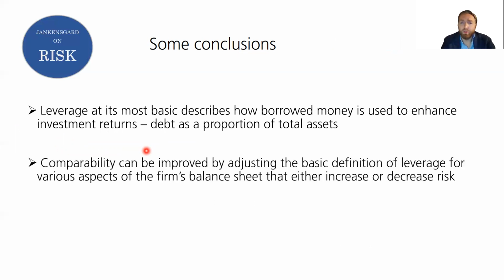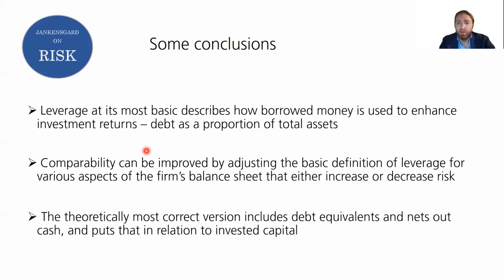You can, in various ways, as we've seen, improve the comparability and informativeness by considering aspects of the firm's balance sheet that either increase or decrease risk, like cash or debt equivalents. So if you want to use a theoretically very correct version of leverage, it would include debt equivalents and it would net out cash and put that in relation to invested capital.